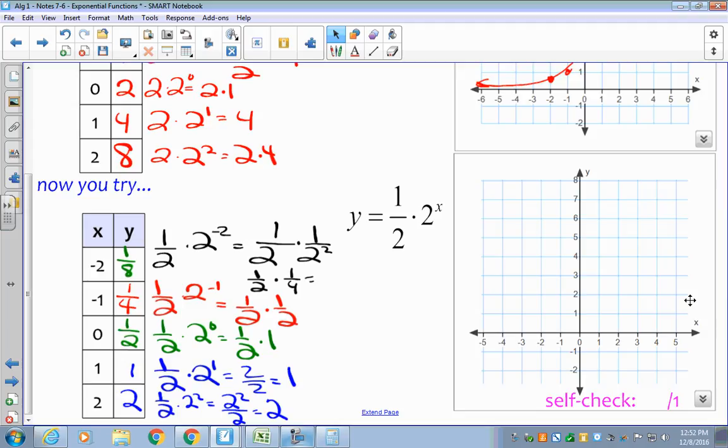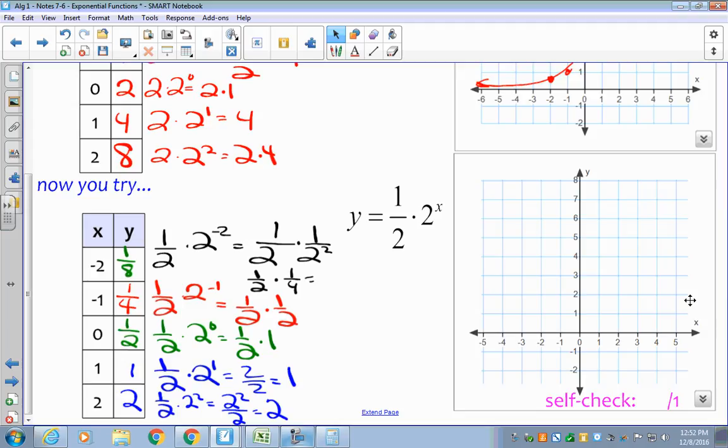That negative exponent bumps you down to the bottom. And then 1/2 and 1/2 is 1/4. 2 to the 0 is 1, and 1 times 1/2 is 1/2. 2 to the 1 is 2, and 1/2 times 2 is 1. And then 2 squared is 4, and 4/2 is 2.